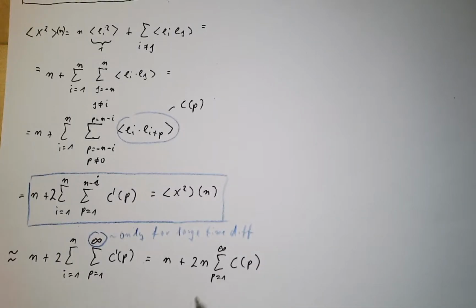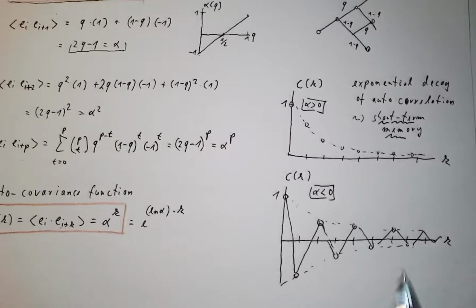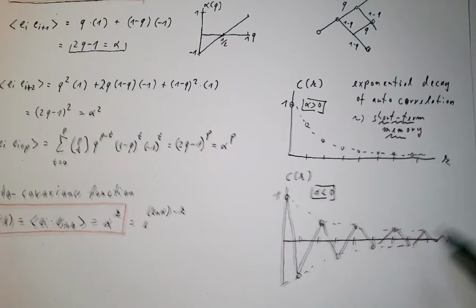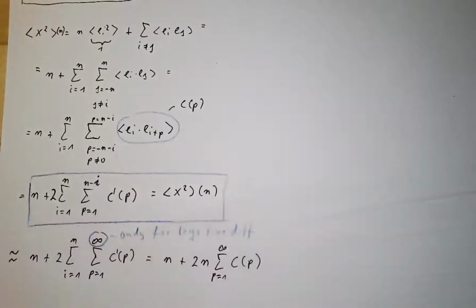And so now we see we have our autocovariance function, so we need basically to sum all values in the autocovariance function. So we sum over all of this, and then we get here this contribution.